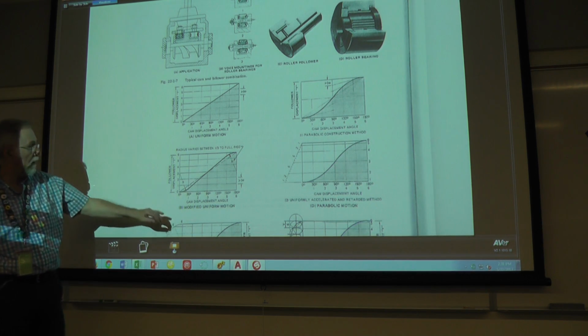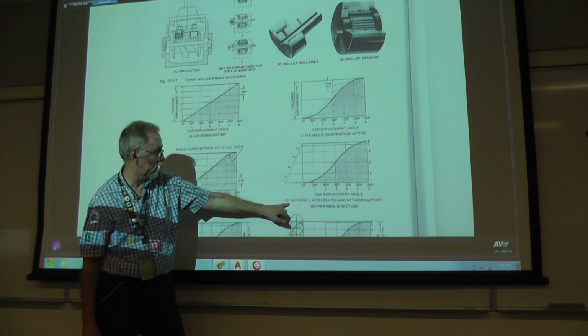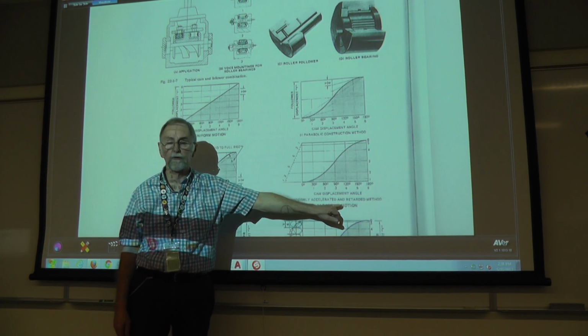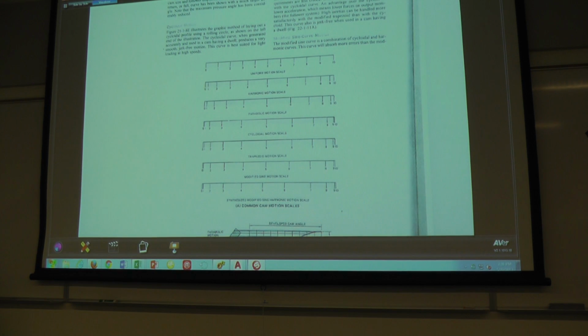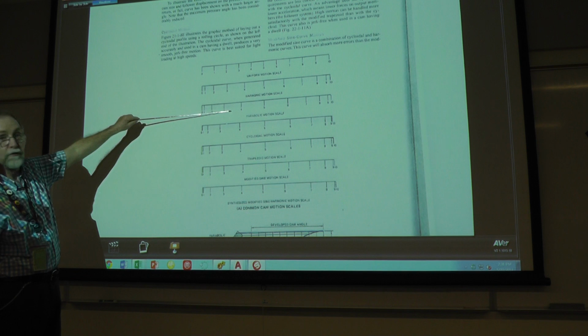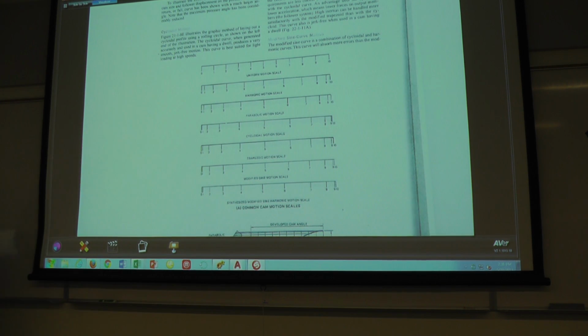Right. And parabolic motion here is the same as uniformly accelerated and retarded motion, which means that you would have been using this scale and this scale to create your increments.